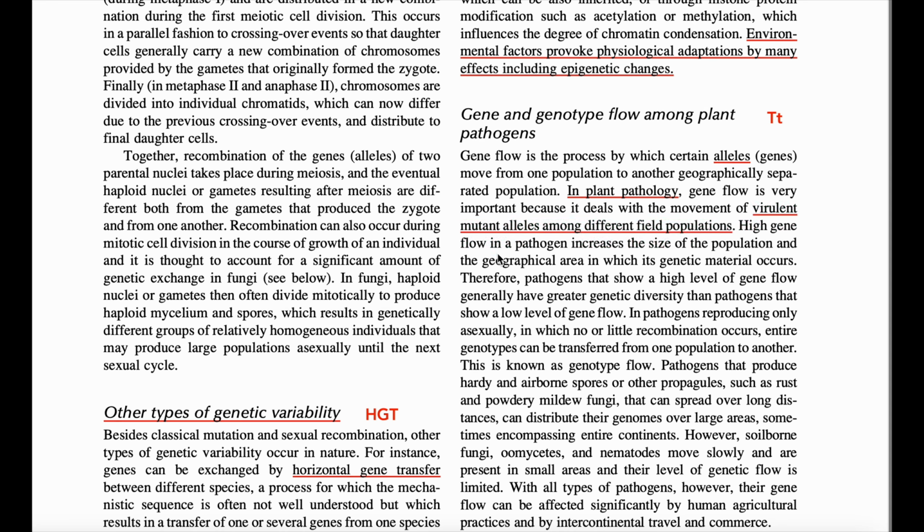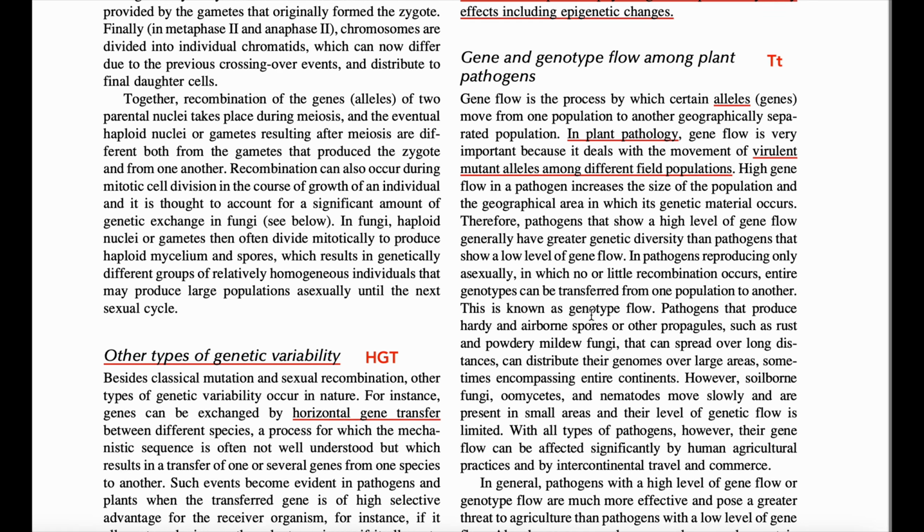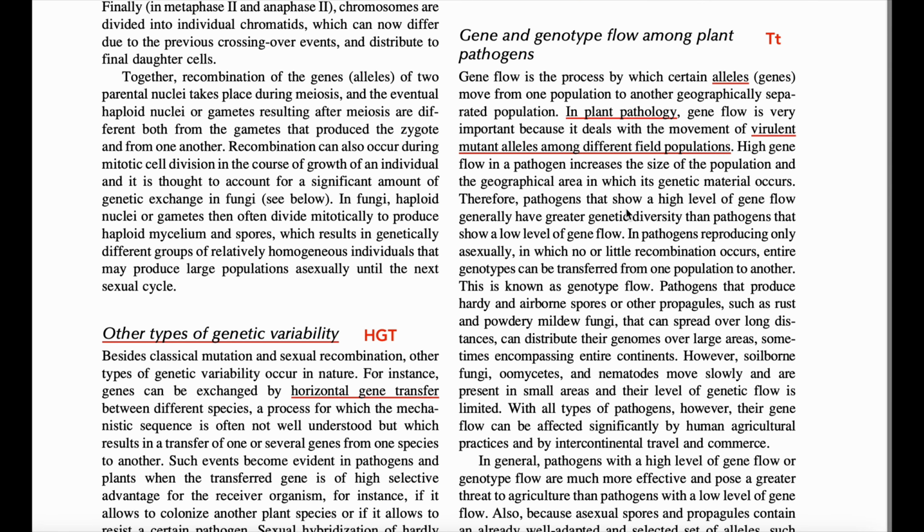High gene flow in a pathogen increases the size of the population and the geographical area in which its genetic material occurs. Therefore, pathogens that show a high level of gene flow generally have greater genetic diversity than pathogens that show a low level of gene flow.